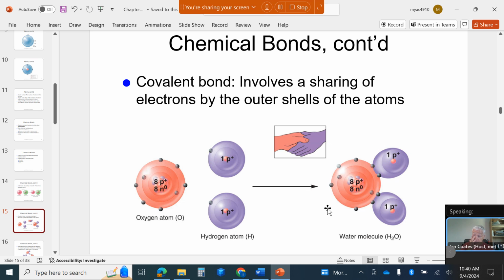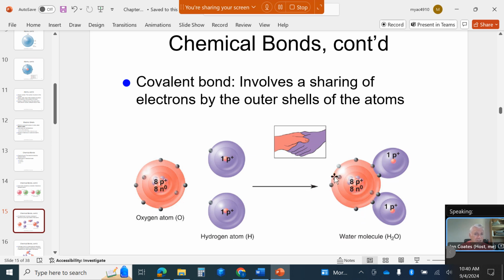Now what happens is these 3 atoms come together and they're all sharing. It's not equal. Oxygen is a very aggressive atom. It's an unequal sharing of the electrons, but it works. These electrons are all shared in some capacity.